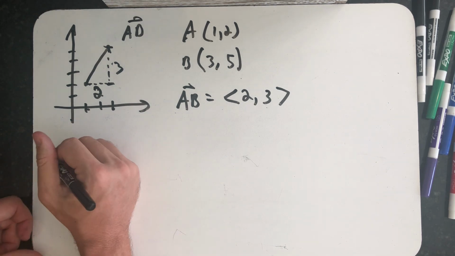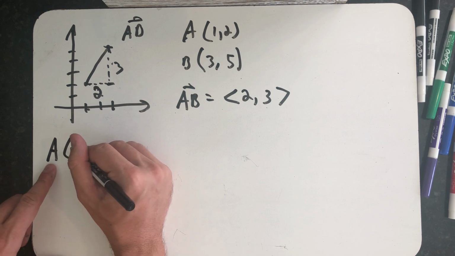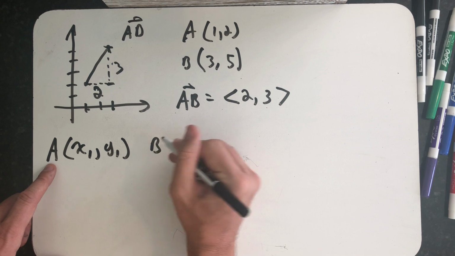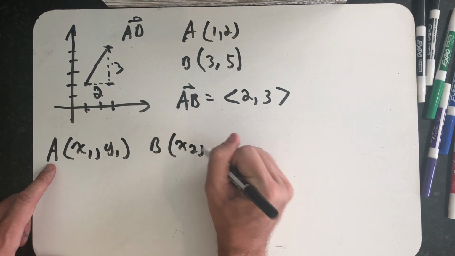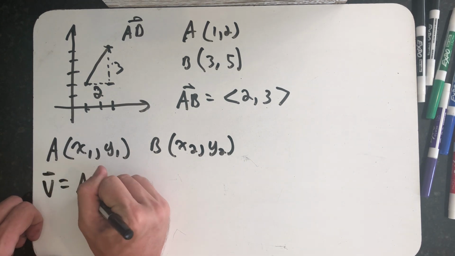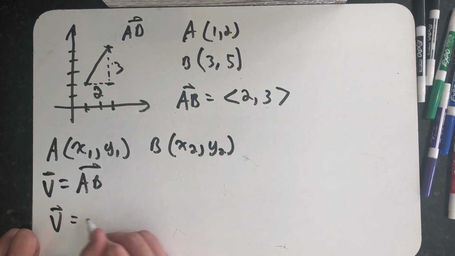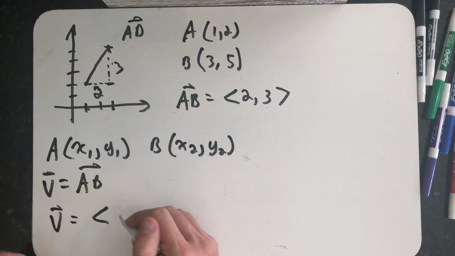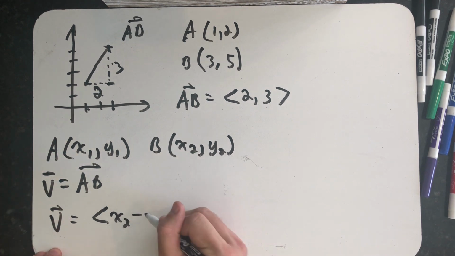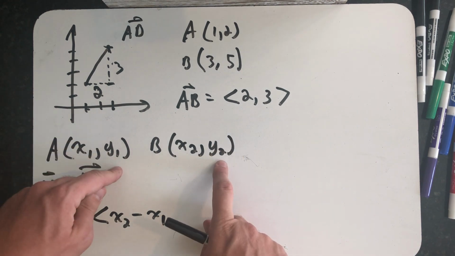So one way to think about that is if I wanted to write down a vector that pointed from the point A, which I could think of as an ordered pair (x1, y1), to a point B, (x2, y2), I can think about the vector AB being equal to some other vector v, and then that vector v in component form would be the difference in the x values, always the terminal minus the initial, and then the difference in the y's, and again, always the terminal minus the initial.